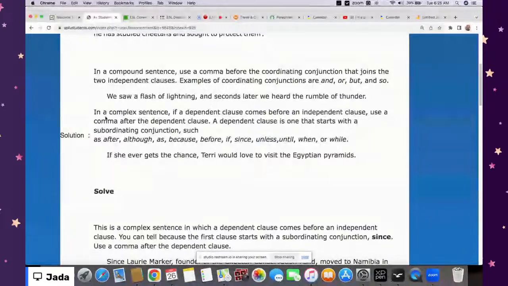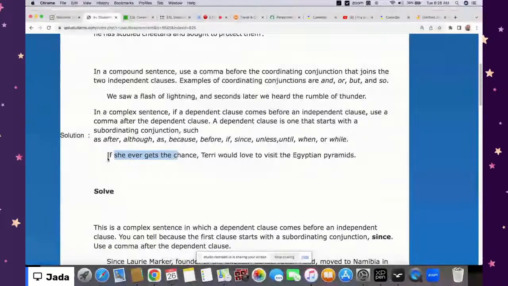So we have some evidence. "If" here is a subordinating conjunction, and it tells us that this part is a dependent clause: "If she ever gets the chance." If you say "she ever gets the chance," that sentence cannot stand on its own. It doesn't make sense.